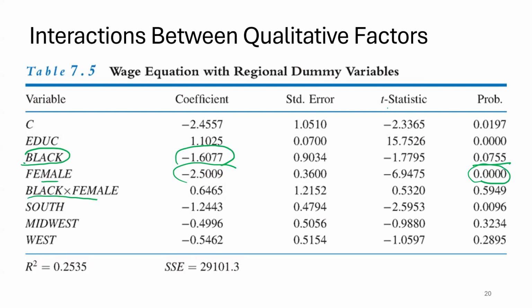So it means there is wage discrimination: they lower the wage of black labor, and they also lower the wage of female labor. This is what happened in the USA.